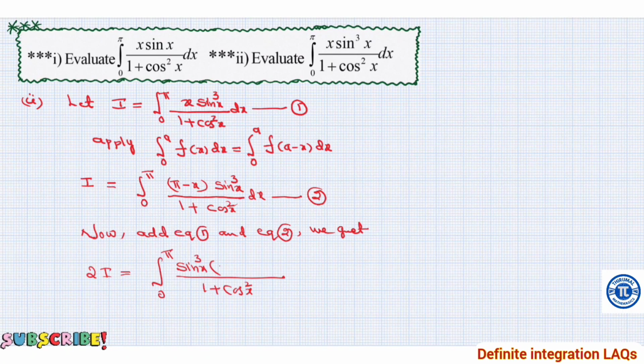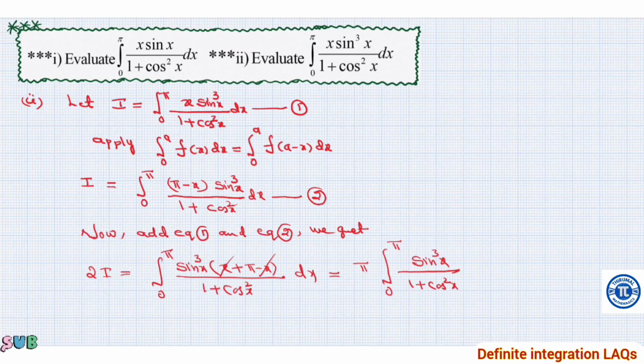In the first equation x, plus in the second equation pi minus x, dx. Here minus x plus x cancels, then we get pi as a constant times the integral from 0 to pi of sin³x by 1 plus cos²x dx.